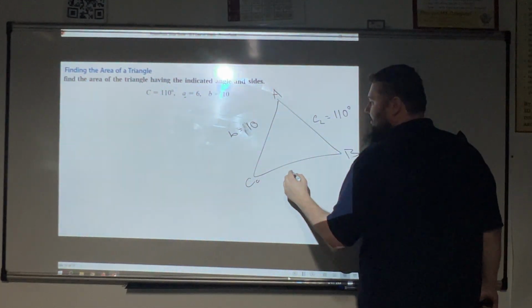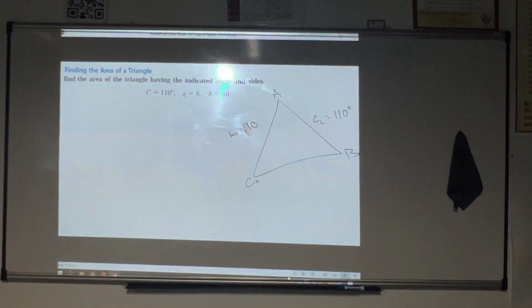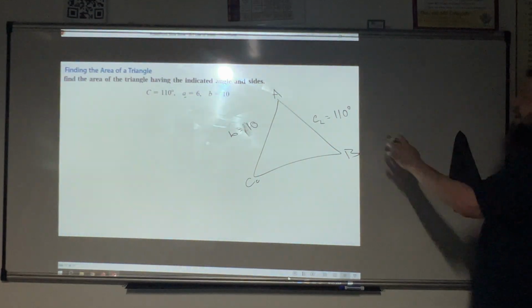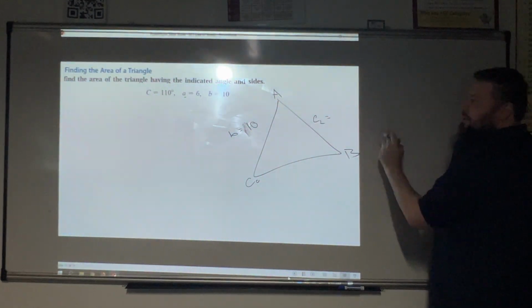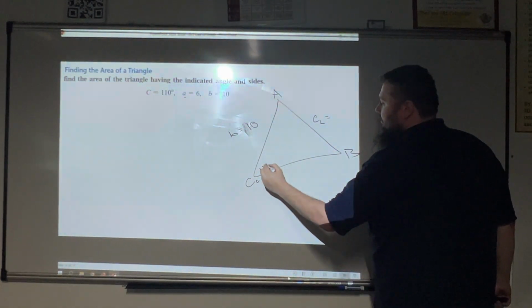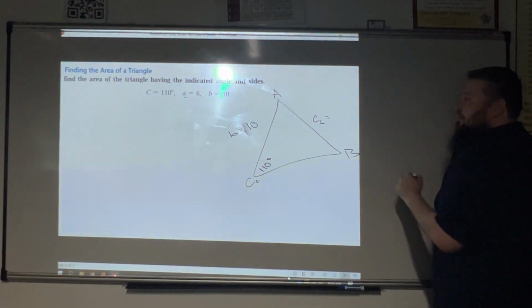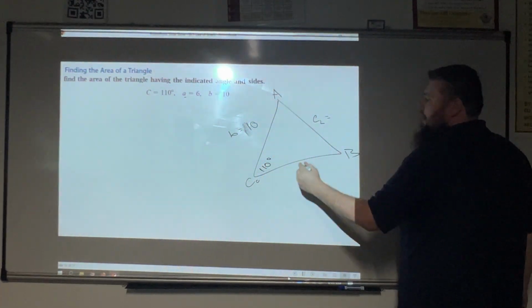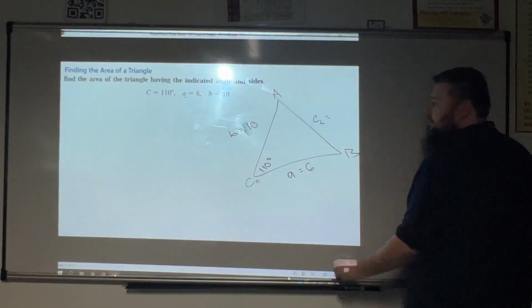Sorry, I threw you off. It goes at the angle. And then little b is 10 and little a is 6.